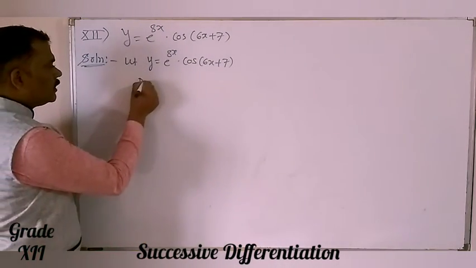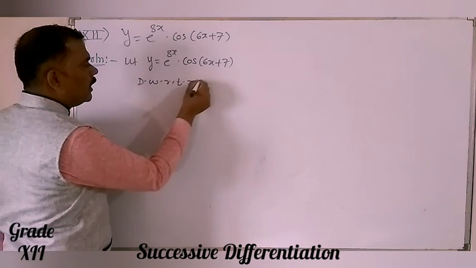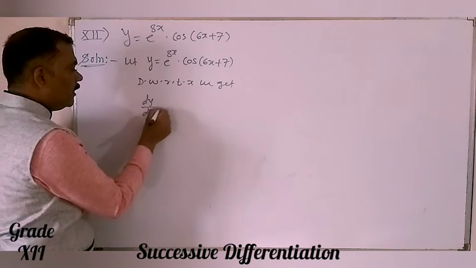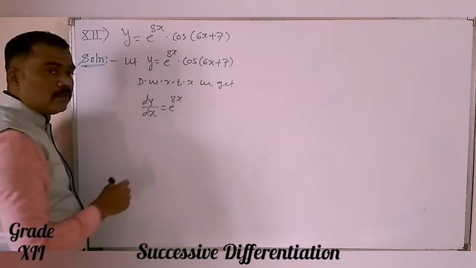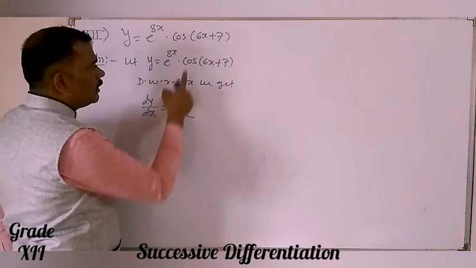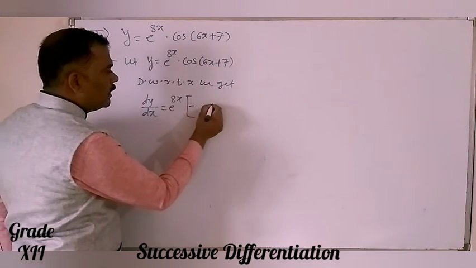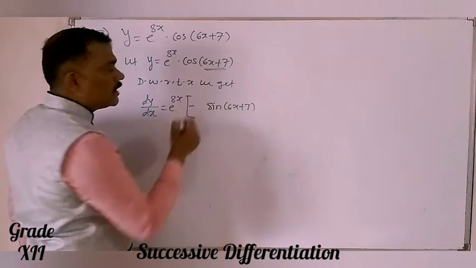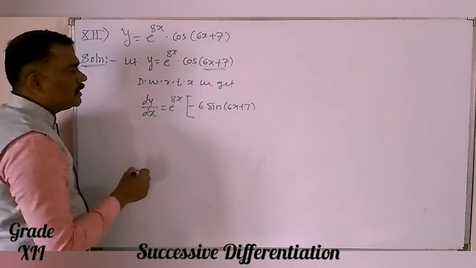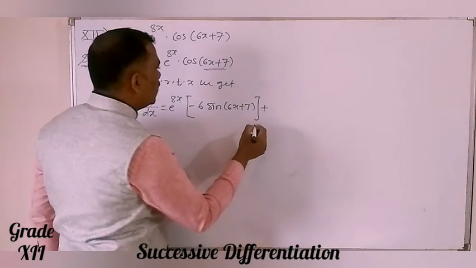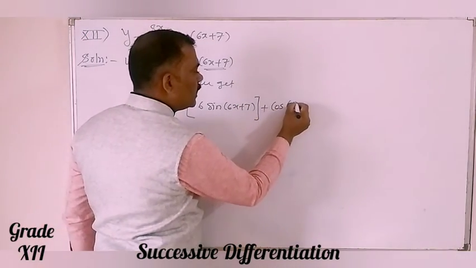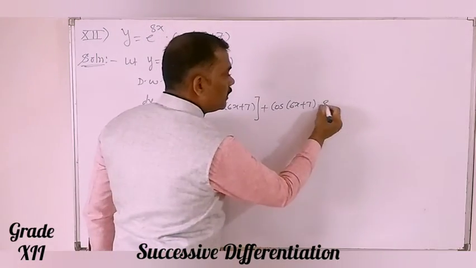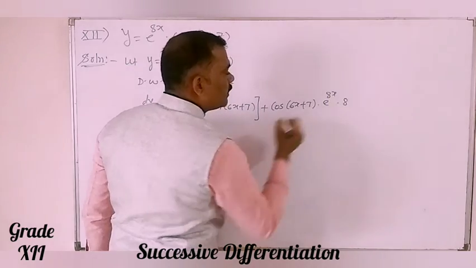We have to differentiate with respect to x. We get differentiation of y with respect to x, nothing but the dy by dx. We have to use the product rule, so that we get differentiation of cos is nothing but minus sine of 6x plus 7. Differentiation of 6x plus 7 is nothing but the 6 plus second function as it is, that is cos of 6x plus 7 into differentiation of e raised to 8x, that is e raised to 8x into 8.